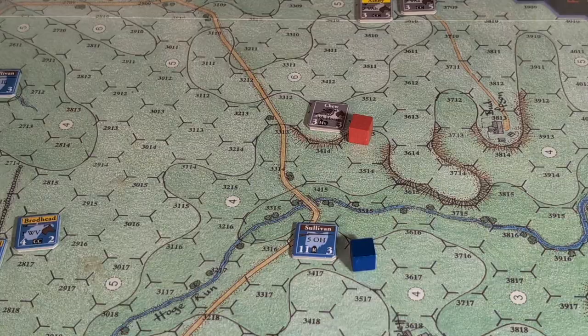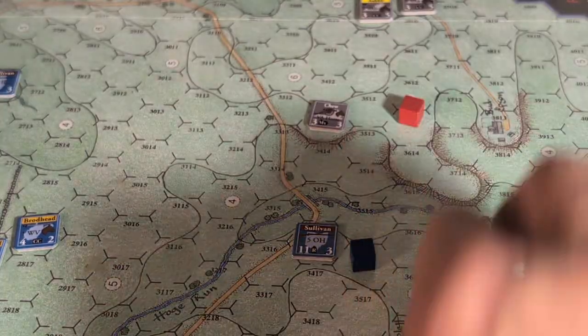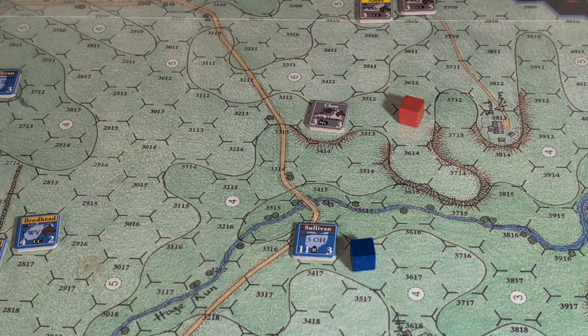Strength of 2. He's going to have a CR of 2. It's no effect. Okay.